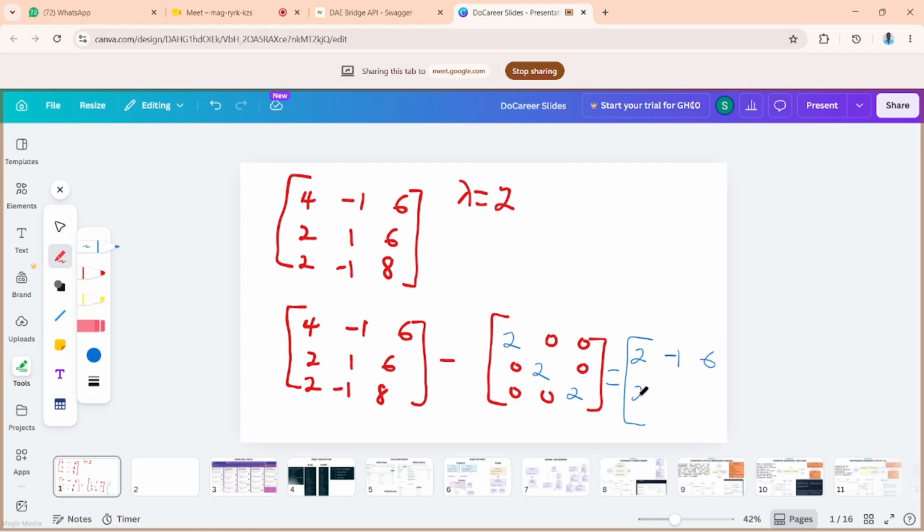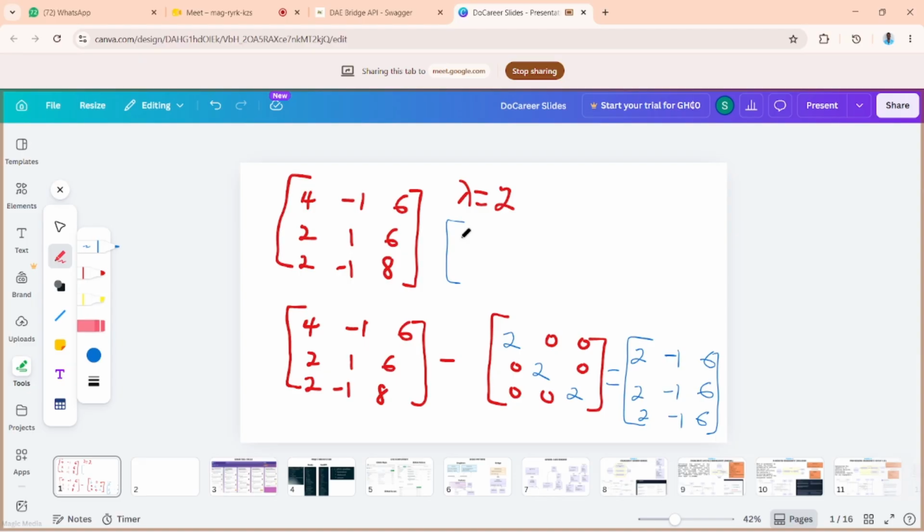This one will be 2. 1 minus 2 will be -1. That will be 6. 2, -1. 8 minus 2 will be 6. So after doing this subtraction, everything is the same.